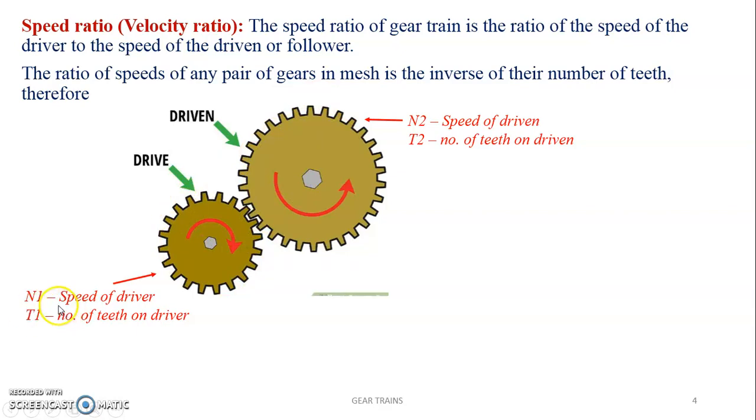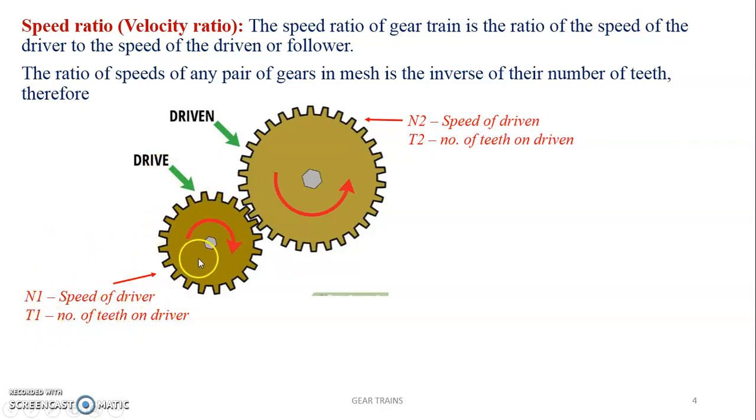Let n1 be the speed of the driver, because the gear has to rotate at some speed. To whichever speed the shaft is rotating, the same speed the gear is rotating. Let t1 be the number of teeth on the driver.